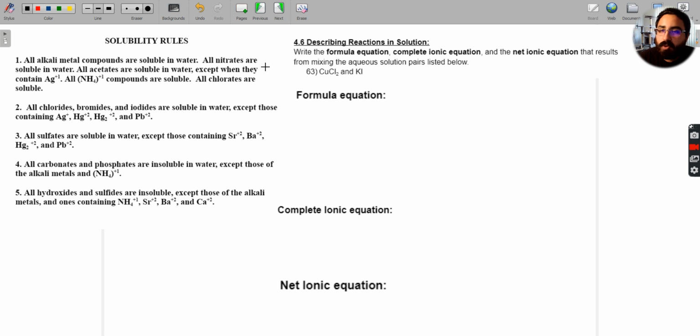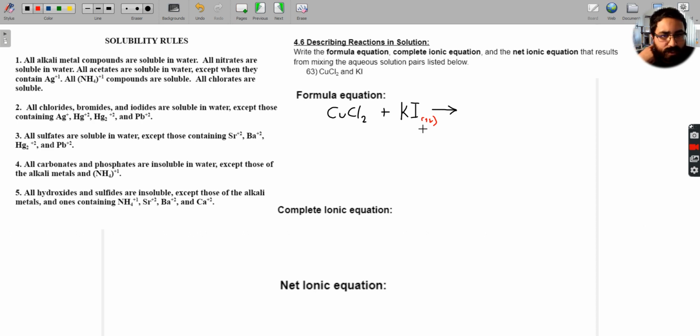So it's a reaction between copper chloride, so CuCl2, and we have to determine, is that a solid or is that aqueous? And it's reacting with potassium iodide, KI. Now I know that anything in group 1, all alkali metals, are soluble in water. So this KI is going to be aq.